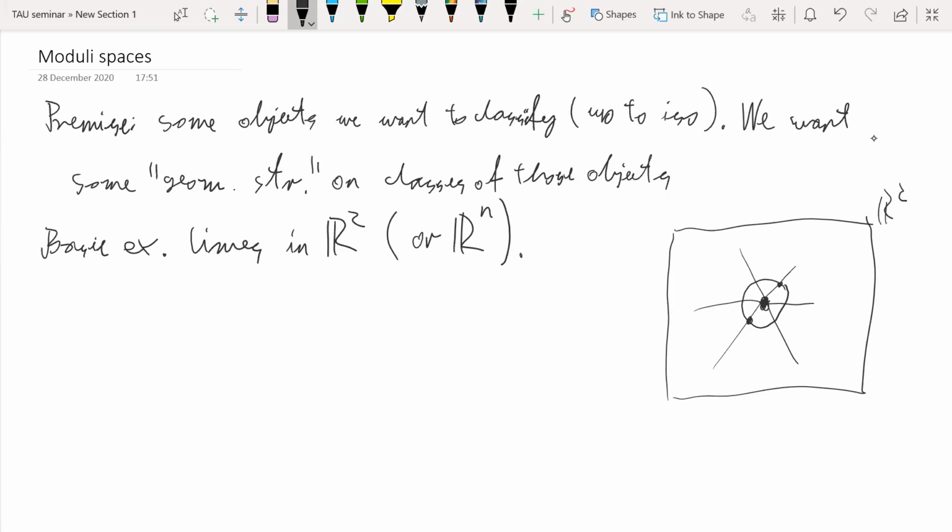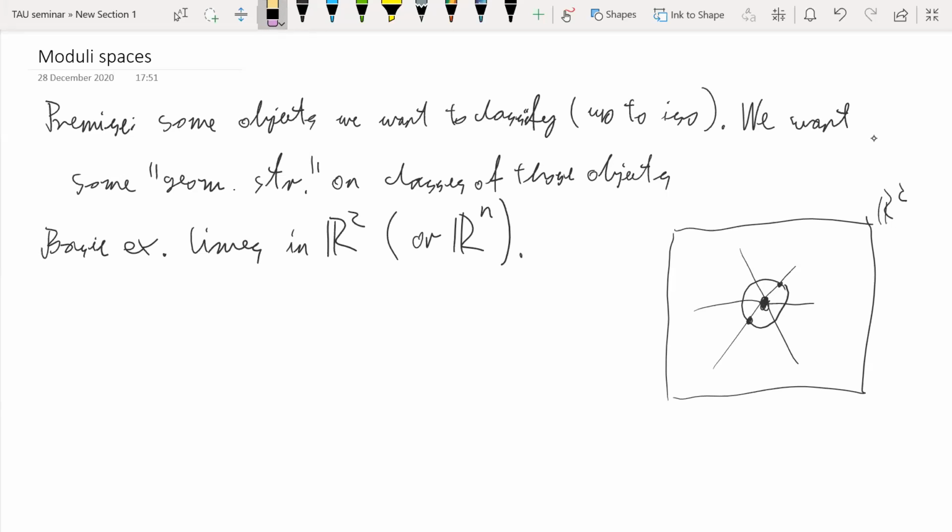So the space of all lines is going to be this circle here, except we have to identify all the opposite points. So this will be some kind of quotient space.